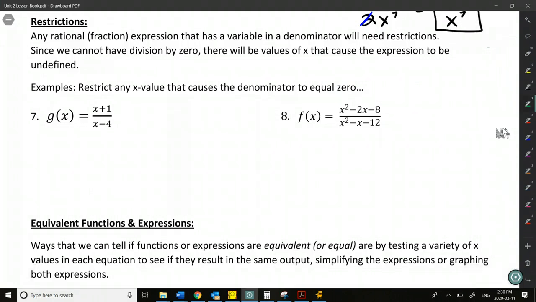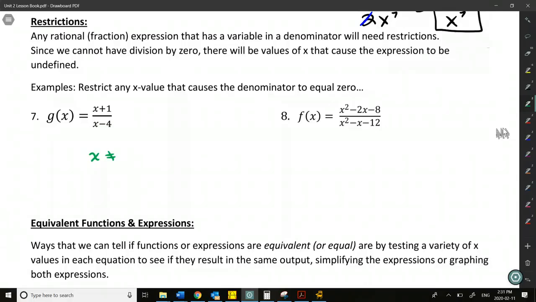And anytime we have variables in the denominator, we need to make sure that those variables don't end up being a value that could make the denominator equal to 0. So for instance, in number 7, for g of x, I need to make sure that this expression never equals 0. So I need to tell the reader that x can't be some kind of value.